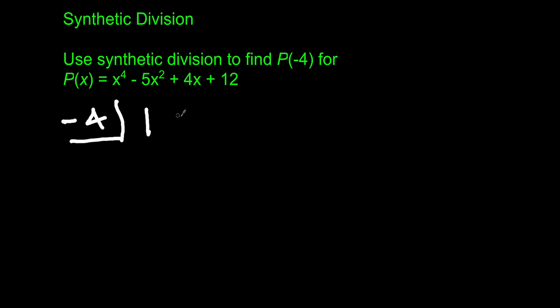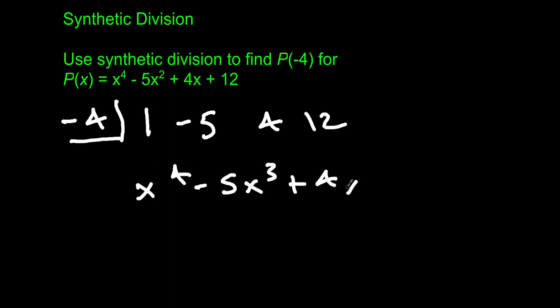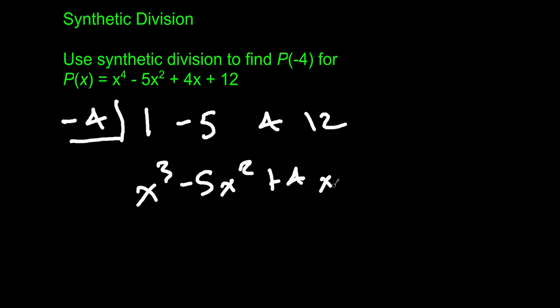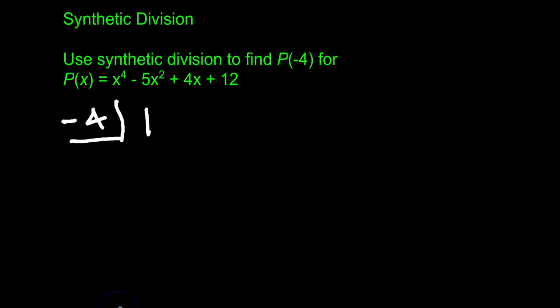So if you're just writing it like this, without the variables, you would think this is x to the 4th minus 5x cubed plus 4x squared plus 12x, or is it just x cubed minus 5x squared plus 4x plus 12? It's neither of those, but it's confusing what it actually is, and that's because I've written it wrong.